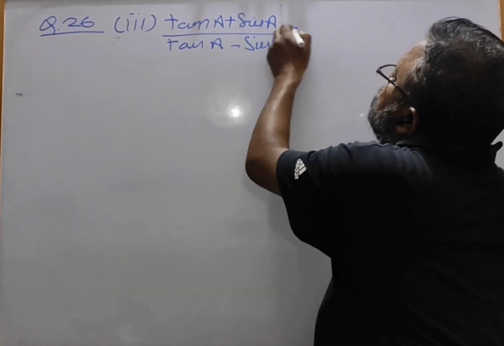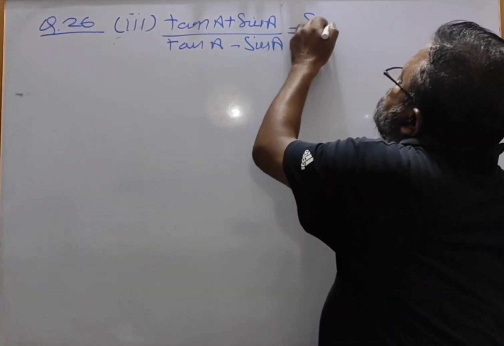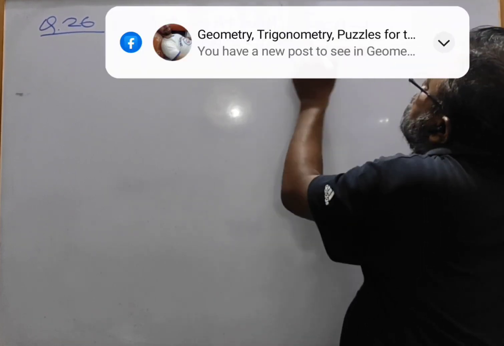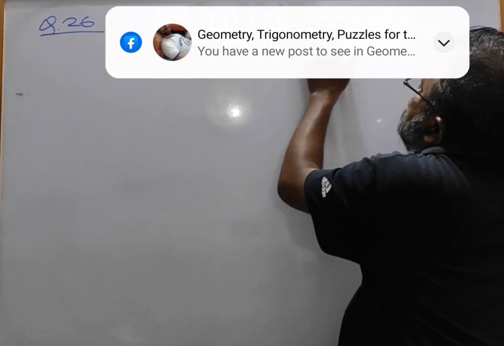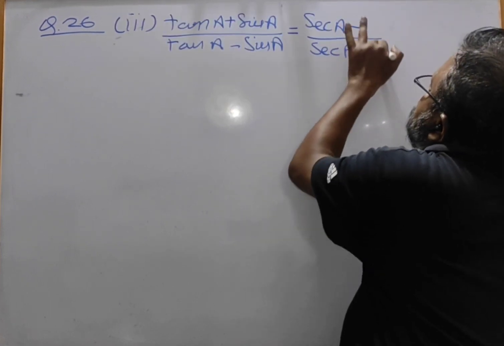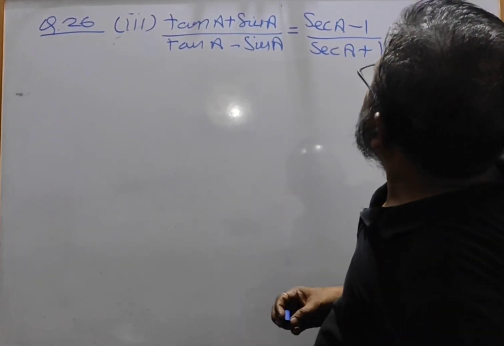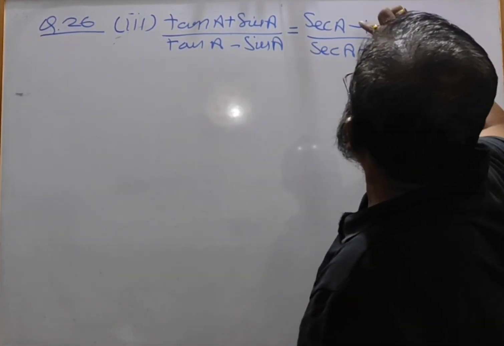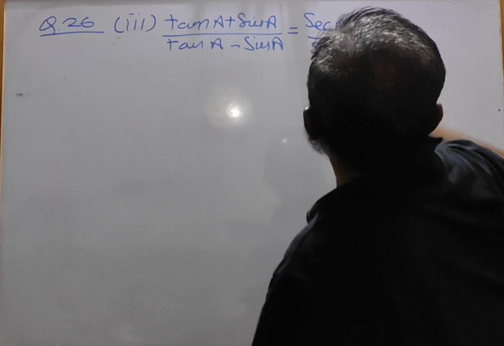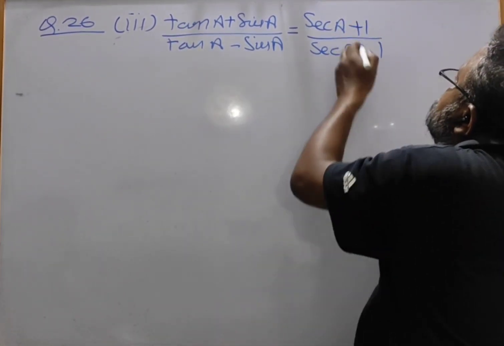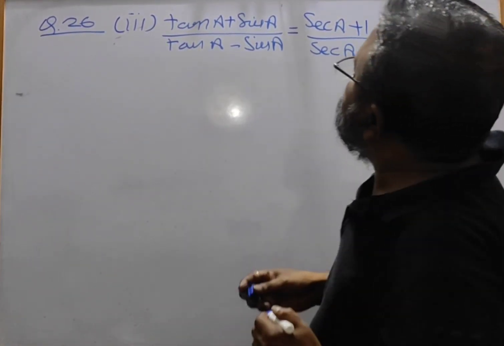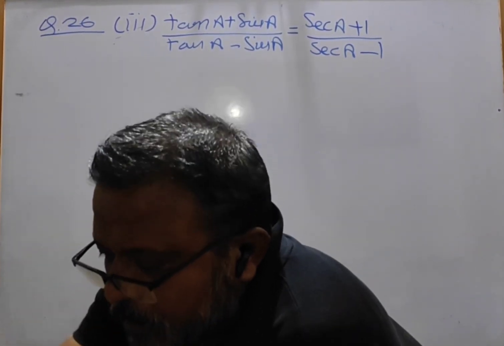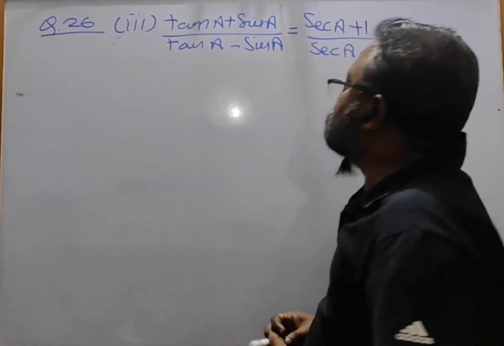Is equal to sec A plus 1 upon sec A minus 1. This upper one is plus, this is plus, this is minus, right? Now we will solve this question.